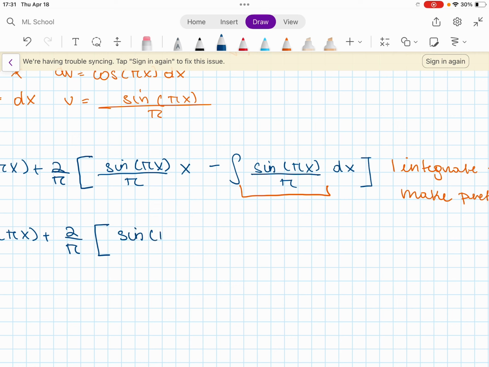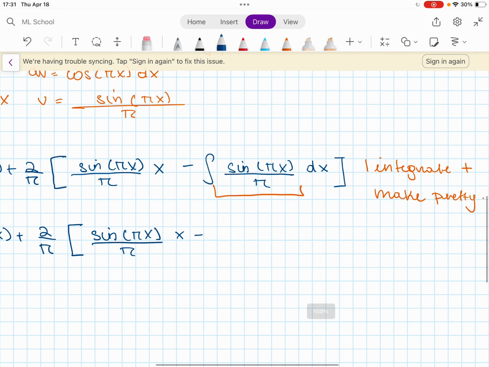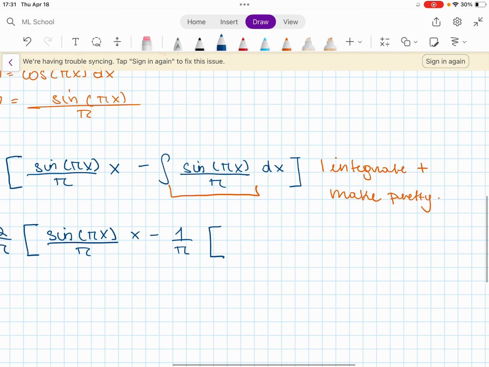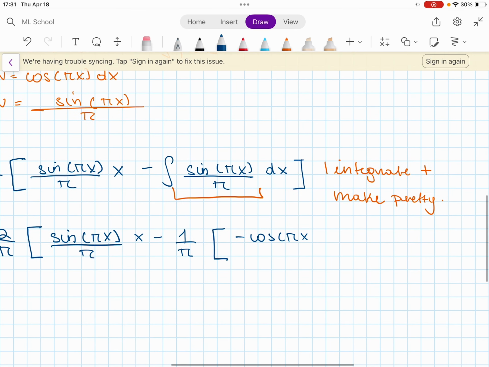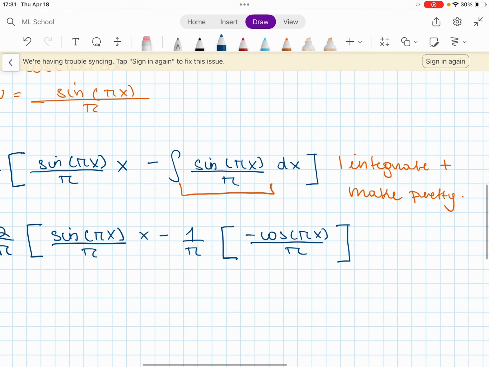So sine of pi times x divided by pi times x minus 1 over pi, and then the integration of this. So the integral of sine of pi x divided by pi will be minus cosine of pi times x divided by pi. Okay, and then I have another one here. All right, and then we can actually calculate this.